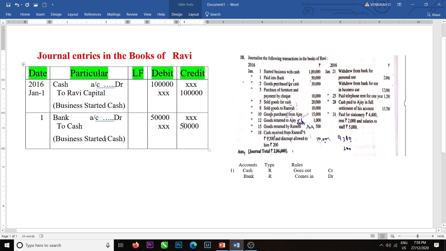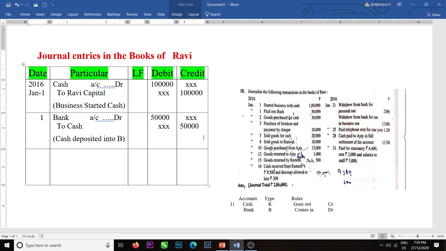Narration is cash deposited into bank. Okay. Next entry.